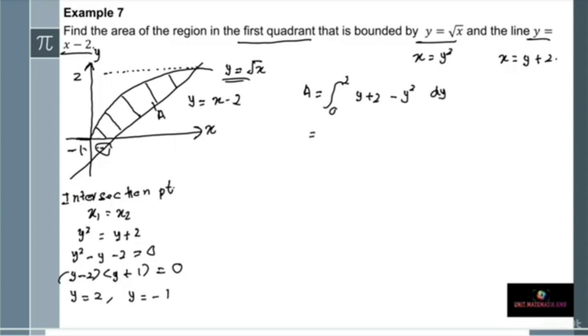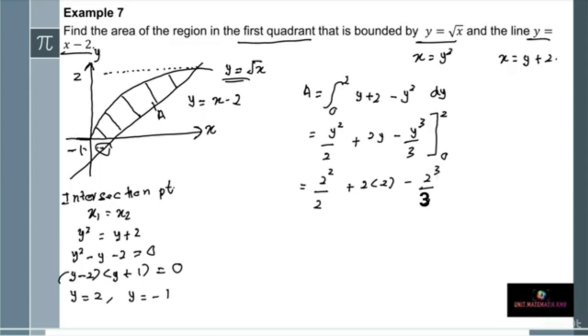Next we integrate this. We have y squared over 2 plus 2y minus y cubed over 3, with limits of integration 0 to 2. Next step is to substitute: 2 squared over 2 plus 2 times 2 minus 2 cubed over 3.